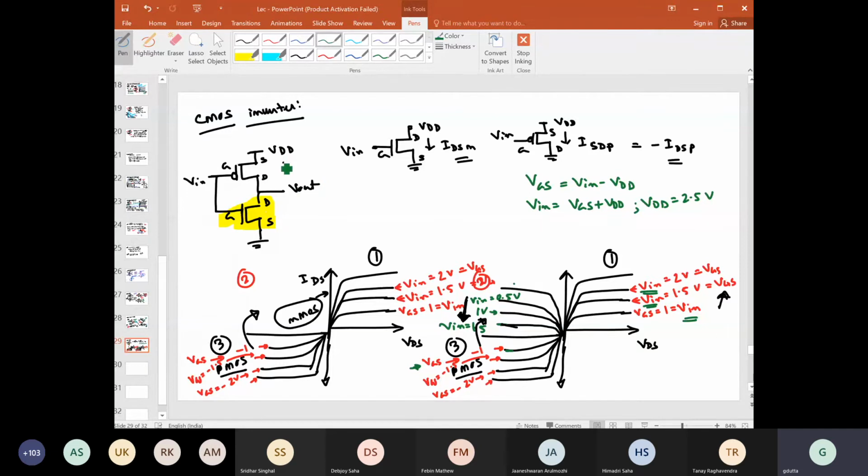Or if you want to represent VDS in terms of V out, you have to add VDD with this, right? VDD with VDS, not SD, VDS. Now it is VDS. Okay. So that means you need to shift all this curve, all these points, by VDD. Shift this characteristics everything by VDD.